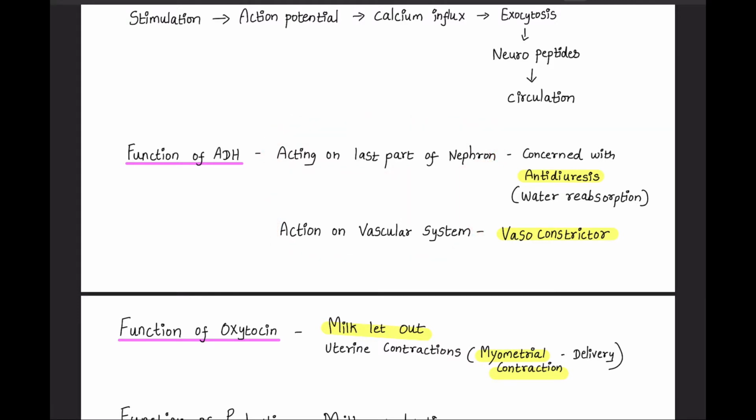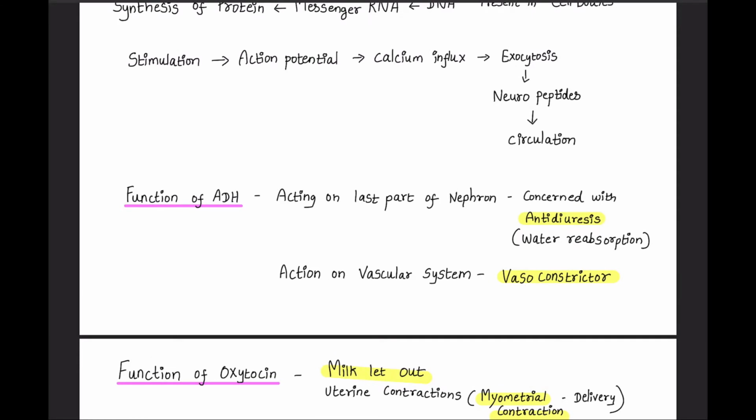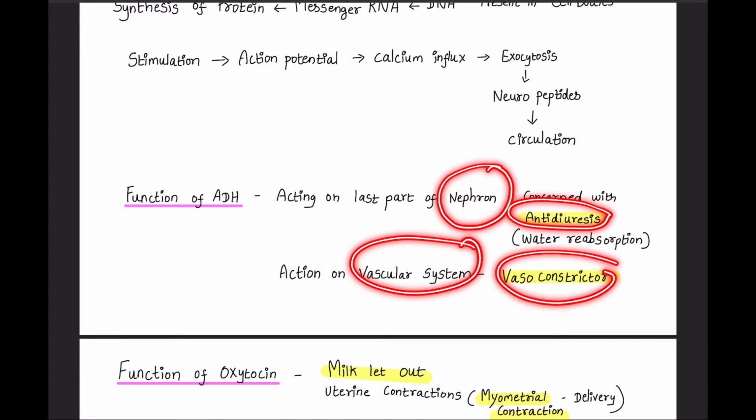So what is the function of ADH on the vascular system? It is a vasoconstrictor. Vasoconstrictor means if this is a vessel, it will constrict the vessel. So ADH has two functions. One function, it acts on the nephron, and another function, it acts on the vascular system. The function of ADH on the nephron is antidiuresis, and on the vascular system is vasoconstriction.